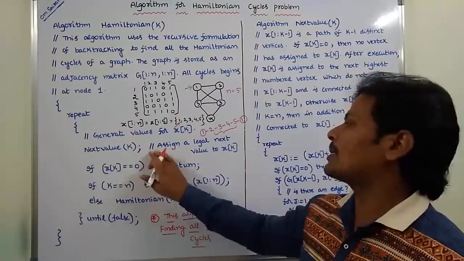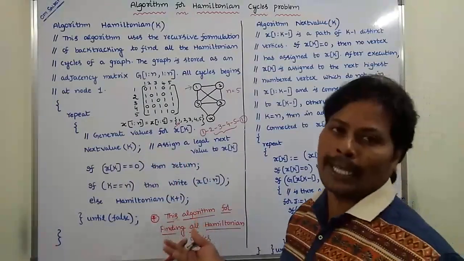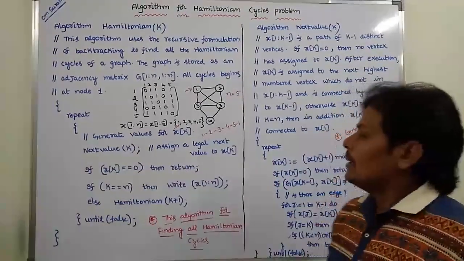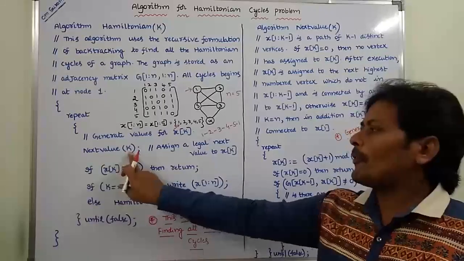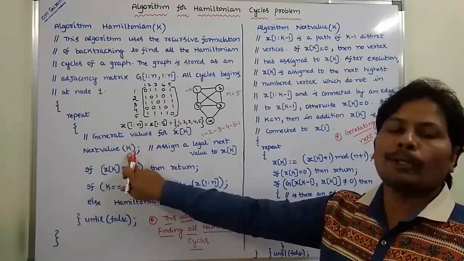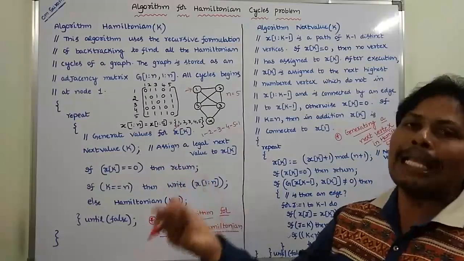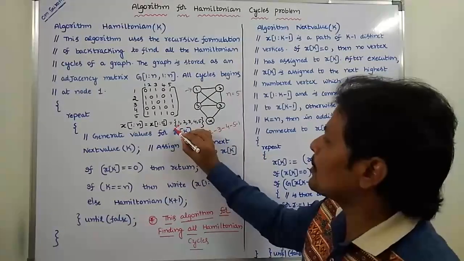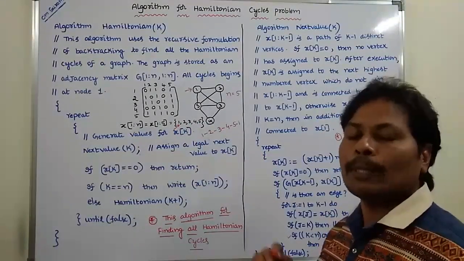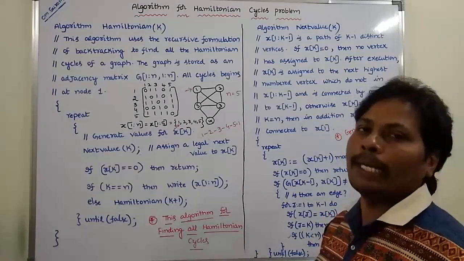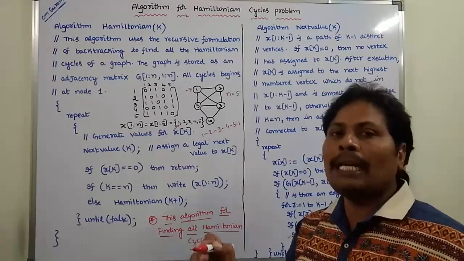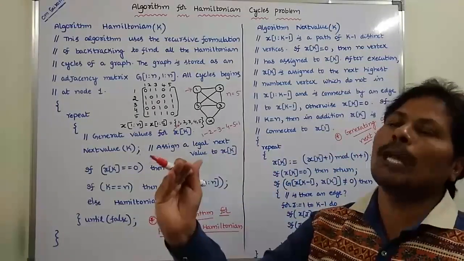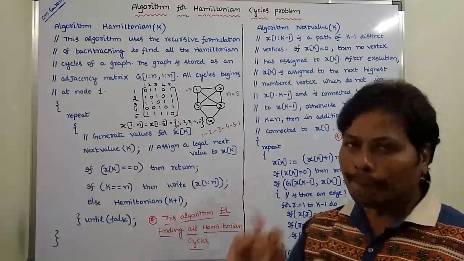Okay, this function is used for finding the next vertex that can be assigned to x of k. Whenever we call next value of k, we have to find the next value of vertex k. Here k points to the index of vertex 1, because every Hamiltonian cycle starts with vertex 1.